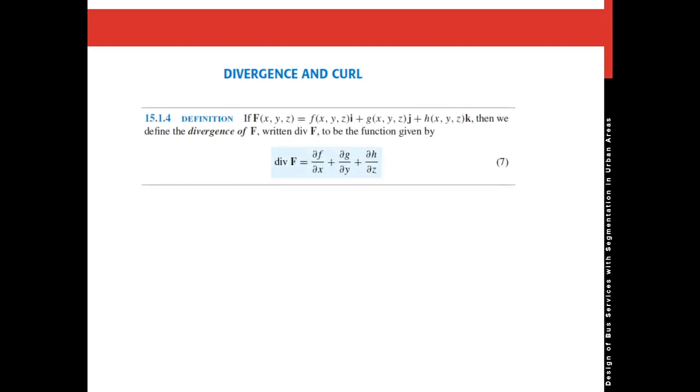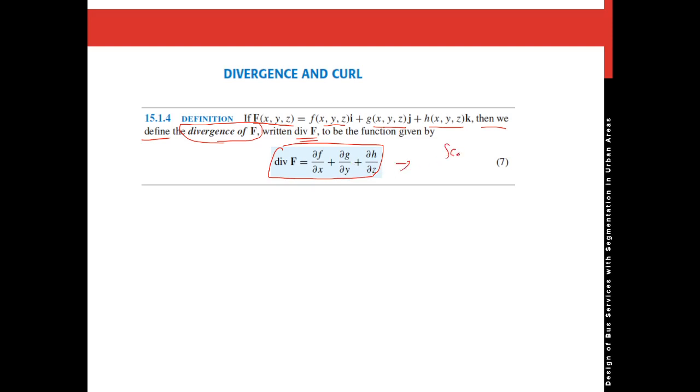So, the definition of divergence is: if this is a vector field F(x, y, z) = f(x, y, z) i + g(x, y, z) j + h(x, y, z) k, then we define the divergence of F, denoted by div F, as div F = ∂f/∂x + ∂g/∂y + ∂h/∂z.